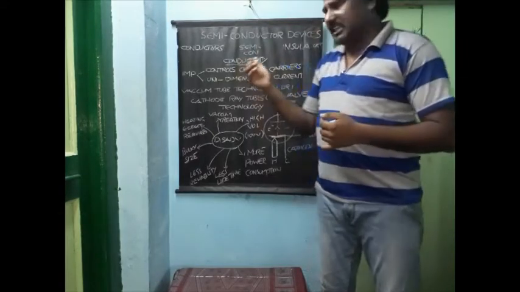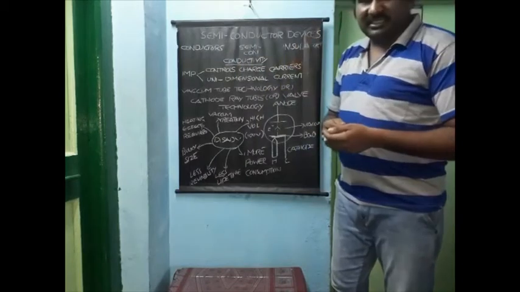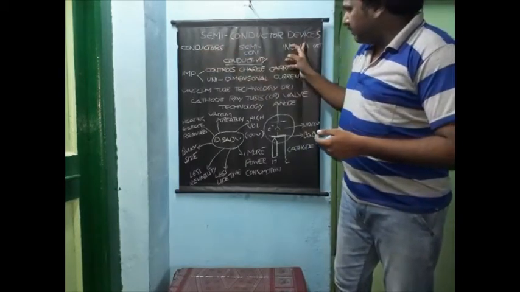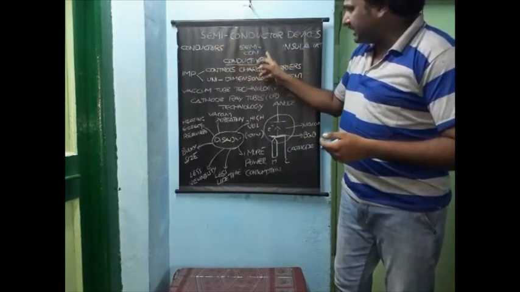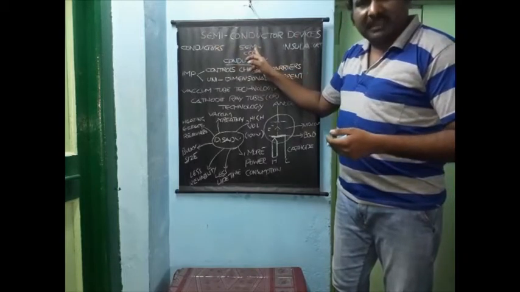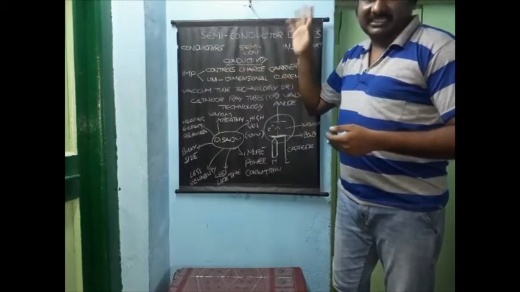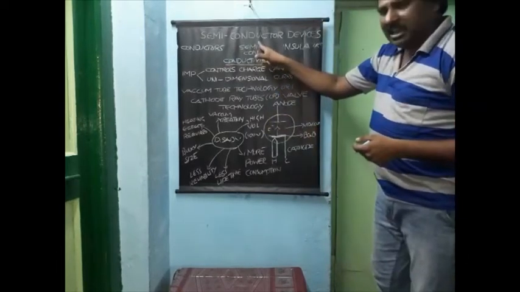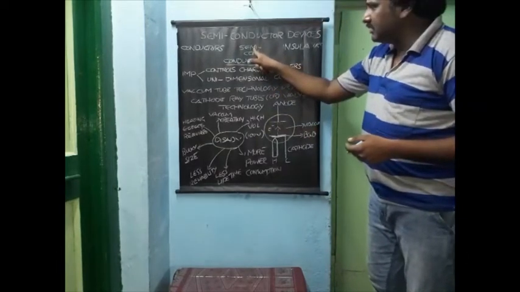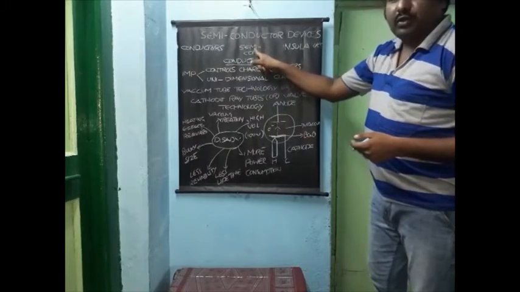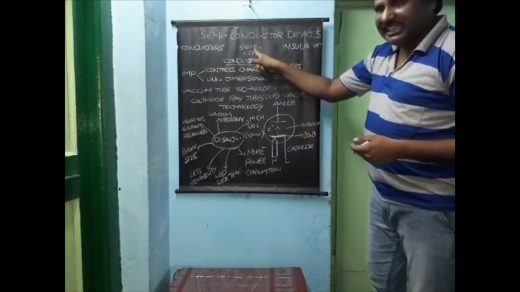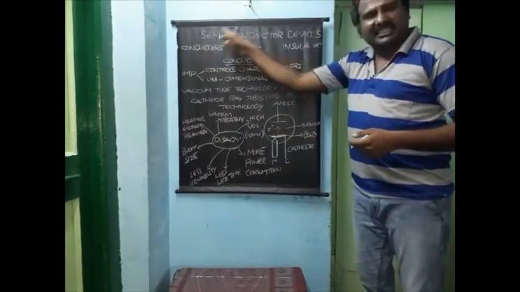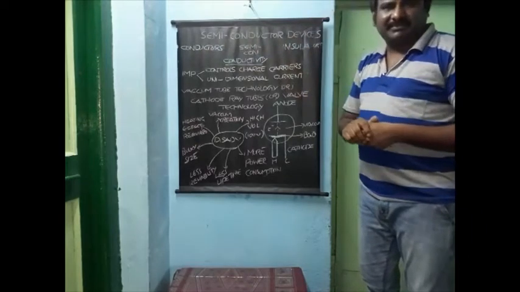It is also a best example for insulators. Between them a substance lies, which we are going to call semiconductors. So semiconductors are the substances whose flow of current lies between conductors and insulators.